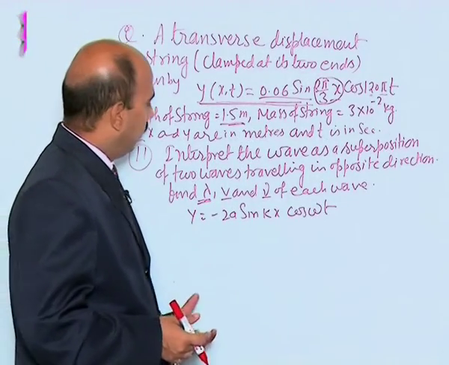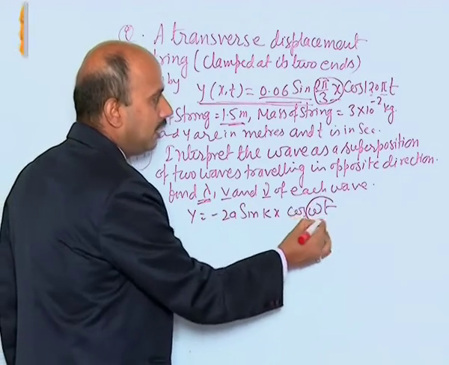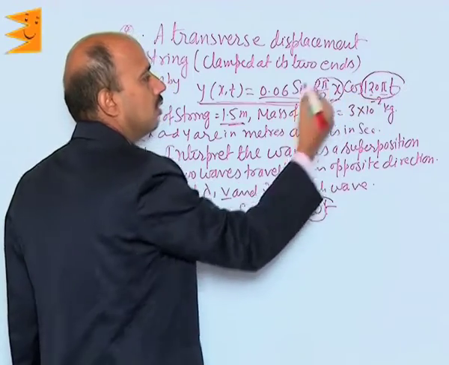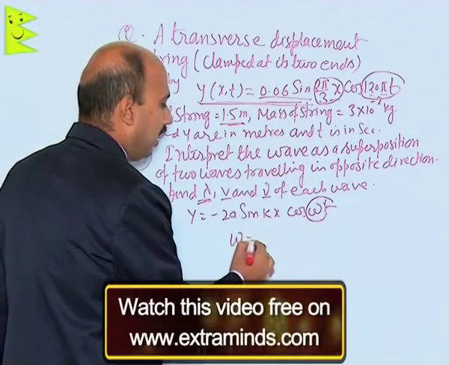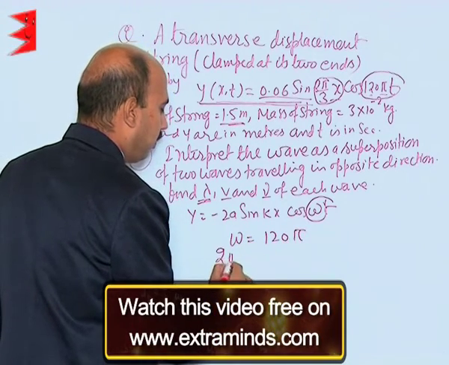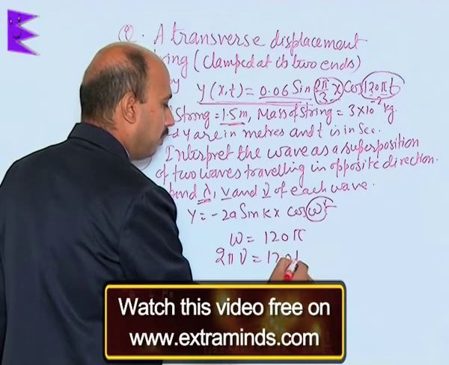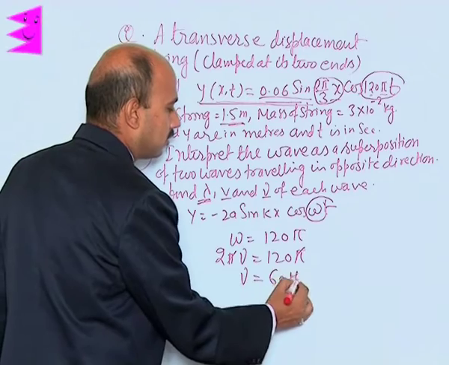So, now we can calculate frequency and velocity. Here ωt is this part, that means ω = 120π, and that can be written 2πν = 120π, π cancels. So, ν = 60 hertz.